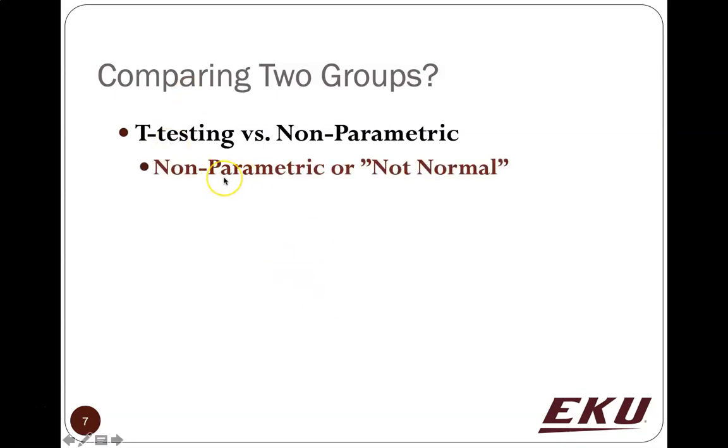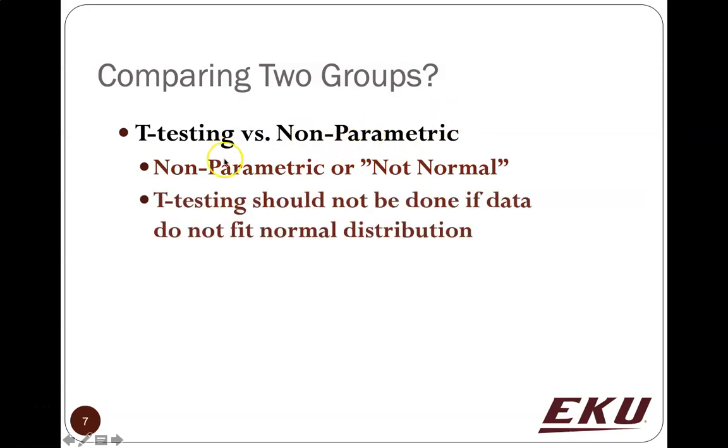So when data do not fit the bell curve or have a non-parametric shape, then we would probably consider non-parametric methods. So t-testing generally should not be done if the data do not fit the normal distribution or there's strong distortions from normal with regards to any of the continuous predictors.